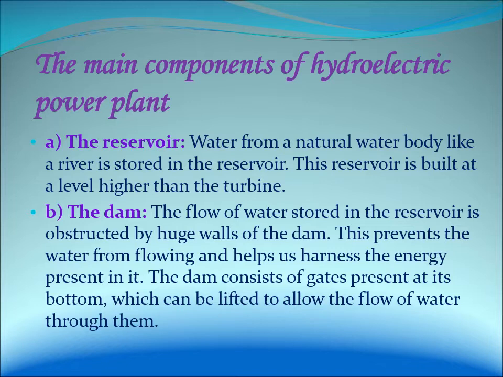This reservoir is built at a higher level than the turbine. The dam. The flow of water stored in the reservoir is obstructed by huge walls of the dam. This prevents the water from flowing and helps us harness the energy present in it. The dam consists of gates present at its bottom, which can be lifted to allow the flow of water through them.